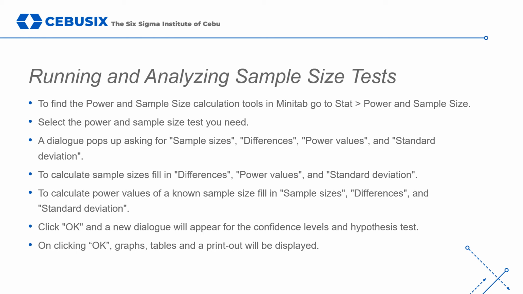In this case, we have set the differences, or the delta value, to 0.5 sigma, 1 sigma, and 2 sigma. We set power values at 0.8 and 0.9, or beta to either 0.2 or 0.1 respectively. Standard deviation for this first pass is assumed to be 1. If we had information about the standard deviation, we could run a more precise calculation or use the one sample t-test calculation.